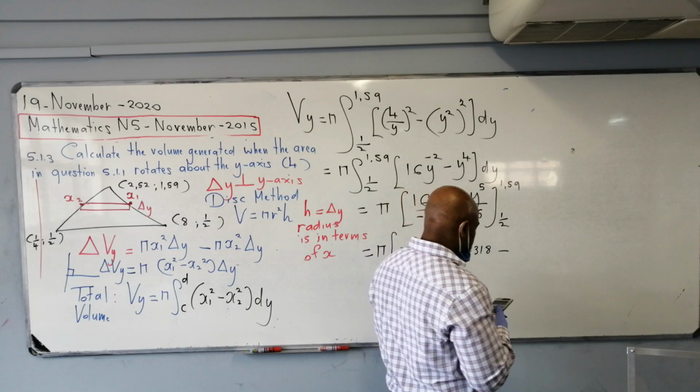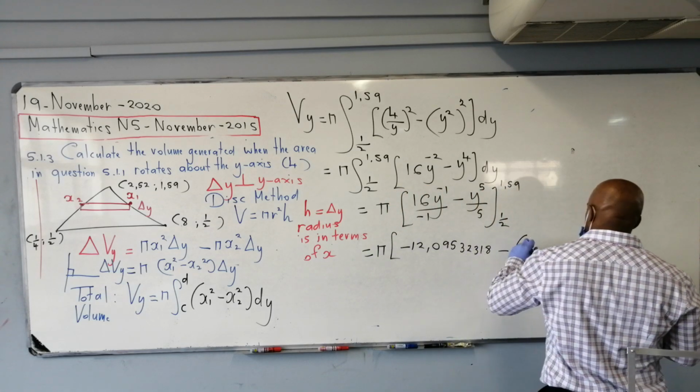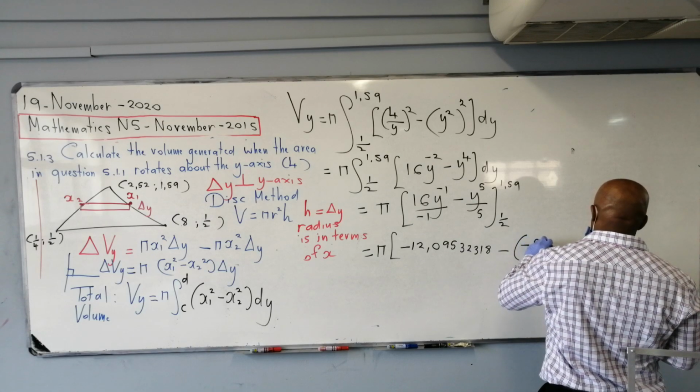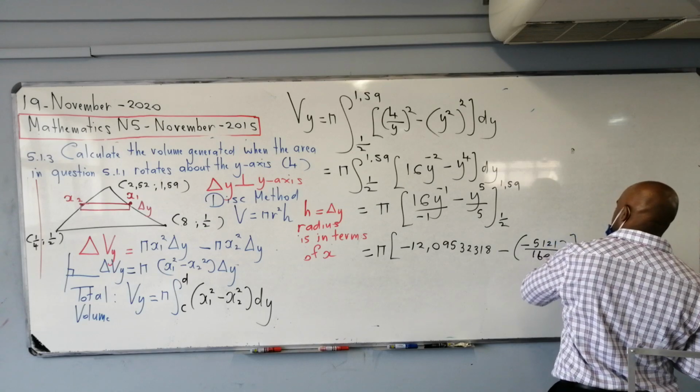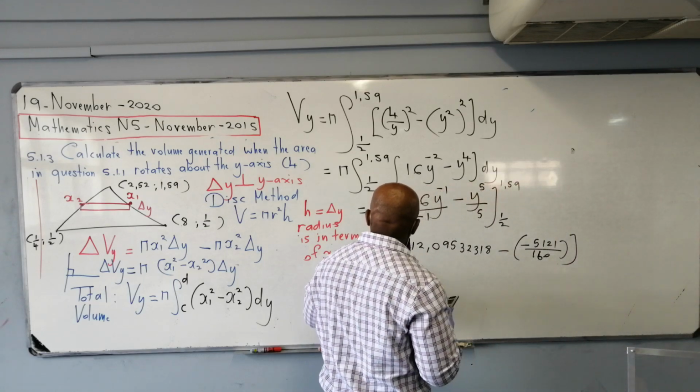Substituting 1 over 2, and we get minus 5,121 over 160.